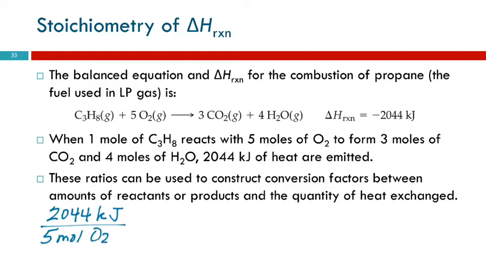Or we could say we're going to produce, forgot the unit, 4 moles of water for every 2,044 kilojoules of energy that are lost. So you can take the delta H and relate it to any one of the terms in the chemical equation.